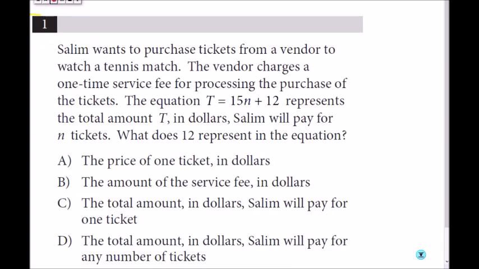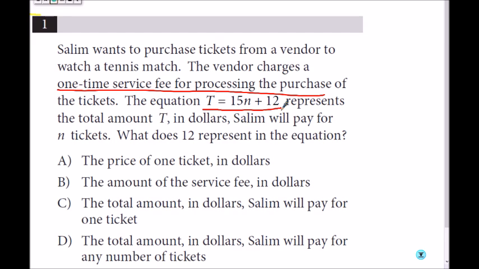Number 1, Celine wants to purchase the tickets from the vendor to watch a tennis match. The vendor charges a one-time service fee for processing the purchase of the ticket, and the equation 15n plus 12 represents the total amount in T dollars. Celine will pay for n tickets.